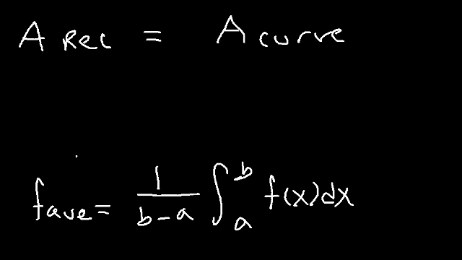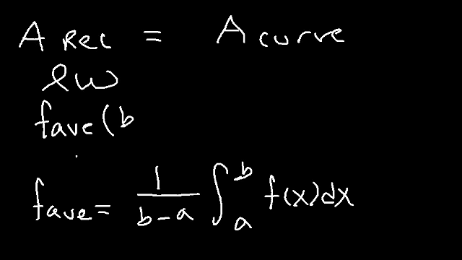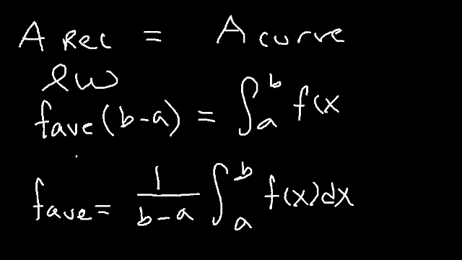The area of the rectangle is length times width. The length is basically the average y value. The width is the width of the interval, b minus a, and this is equal to the area under the curve, which is the antiderivative, f of x dx.